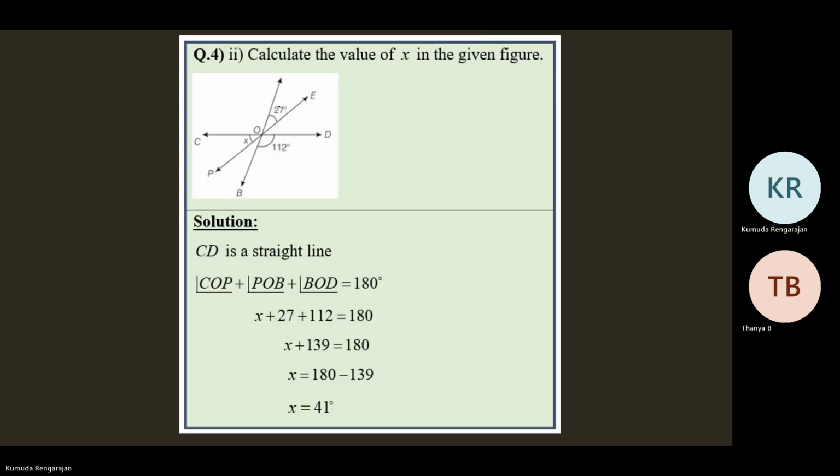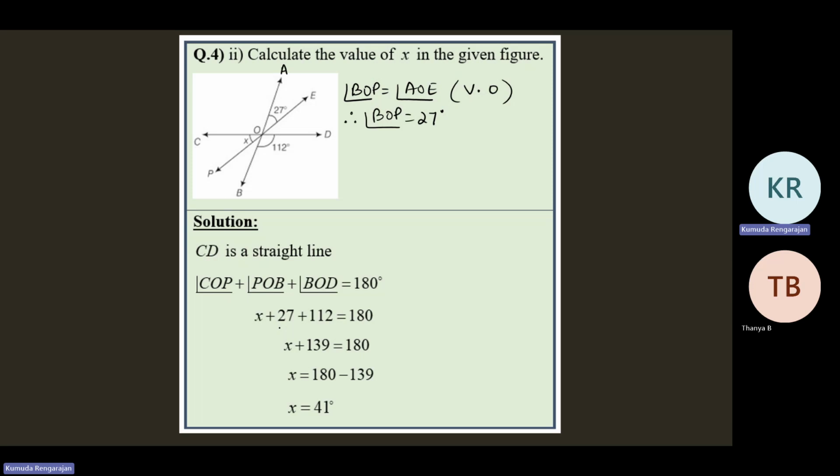A, we don't see A, so let me mark it as A. So angle BOP is equal to angle AOE because vertically opposite angles. Therefore, angle BOP is equal to 27 degrees.